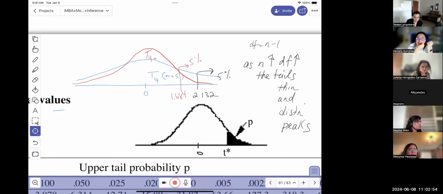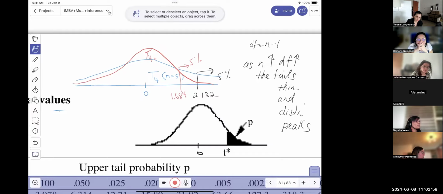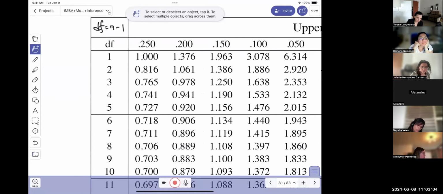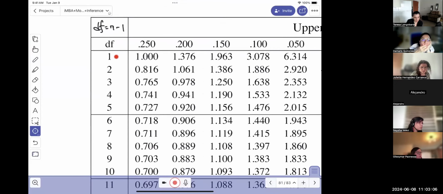And that's important because as you go down the table, those are sample sizes increasing. Let me start at the top. This is a sample size of 2. So degrees of freedom, 2 minus 1 is 1, and it increases all the way down.